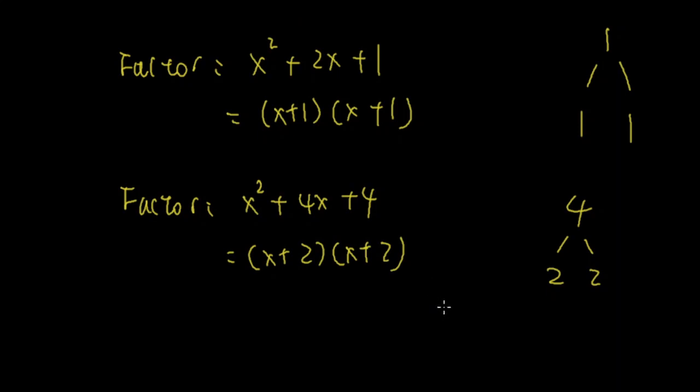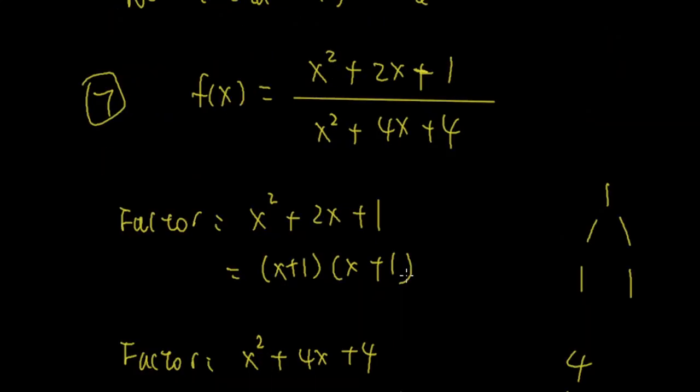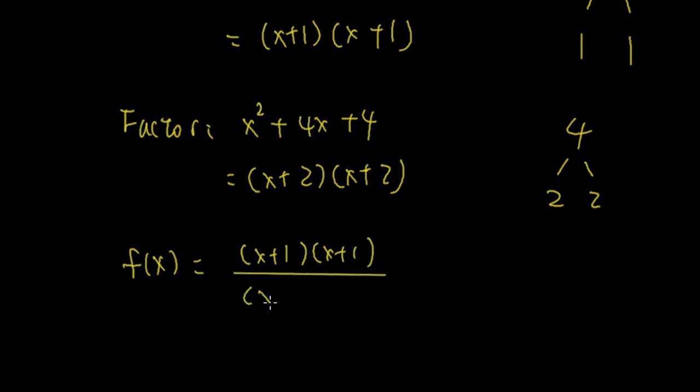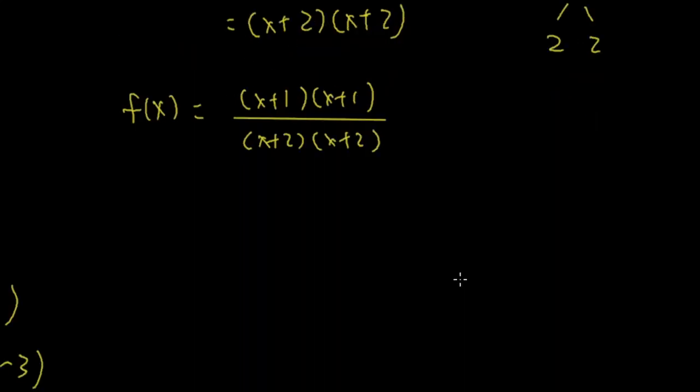Okay, now I can rewrite this. f of x is equal to x plus 1 times x plus 1 divided by x plus 2 times x plus 2. Okay, can you cancel anything out? Not really. You cannot. Okay, that's also the same as x plus 1 squared divided by x plus 2 squared.